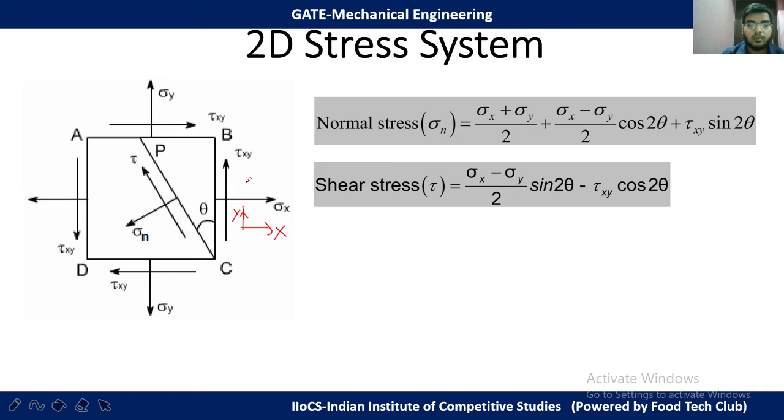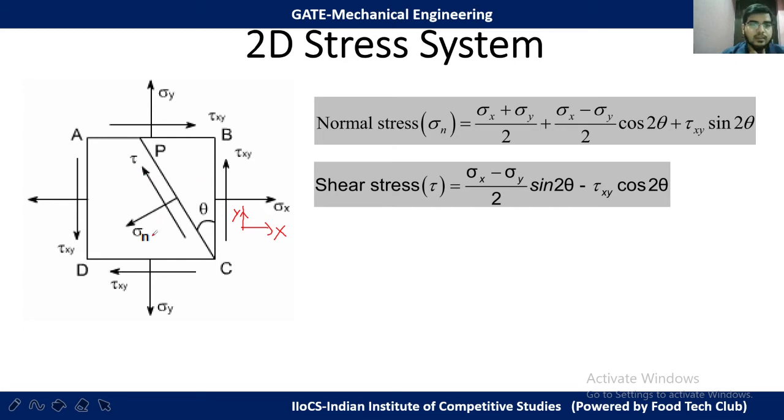Before determining that, we can determine the normal stress which acts. Suppose we consider a plane. This CP is a plane which is at an angle theta from this CB plane. So at this plane, normal stress sigma n acts, and shear stress tau acts.